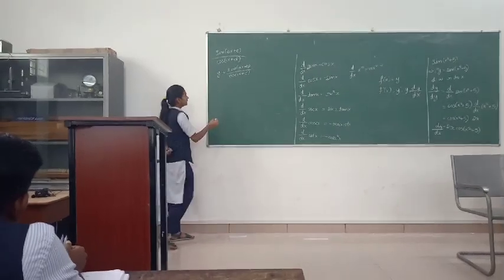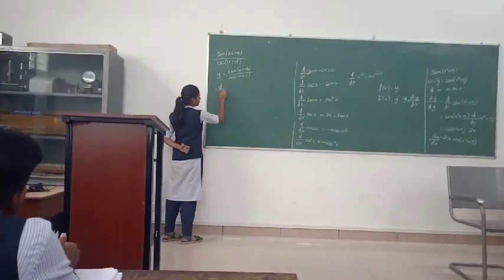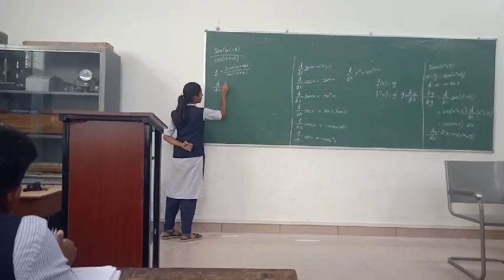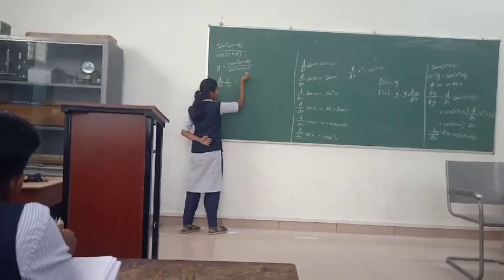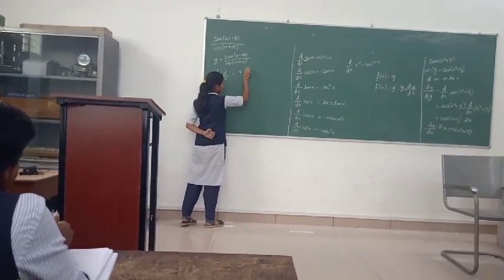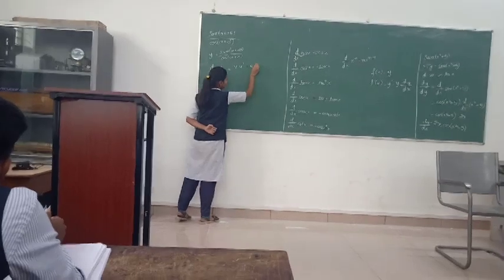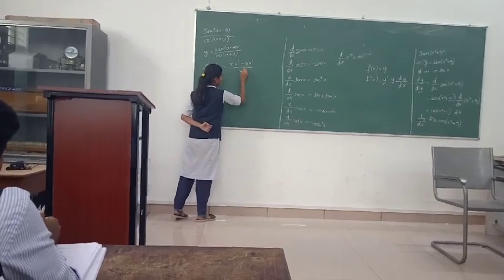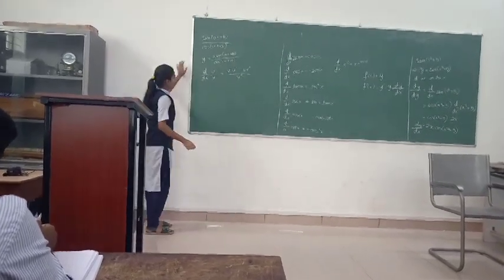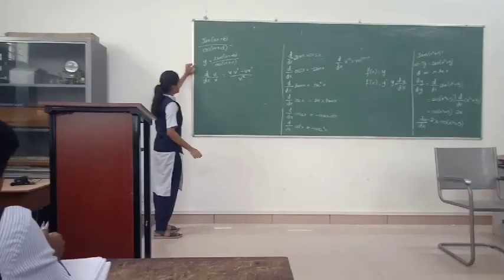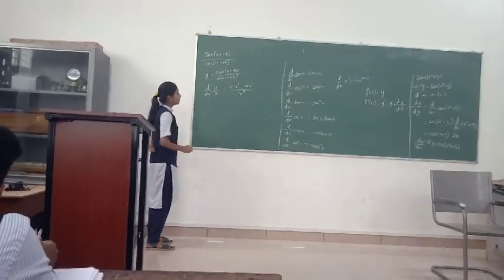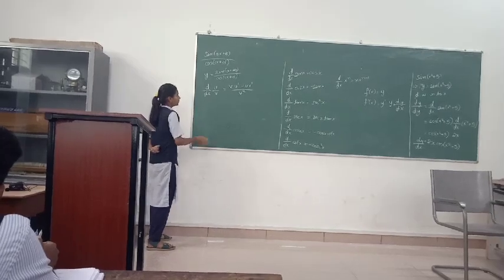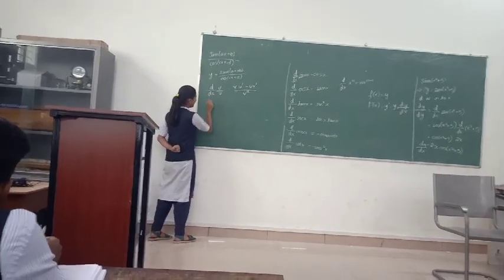We have learned that the differentiation of u by v is v u dash minus u v dash by v square. In this problem, u is sin of ax plus b and v is cos of cx plus b. We should apply this formula.